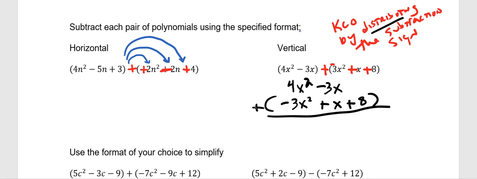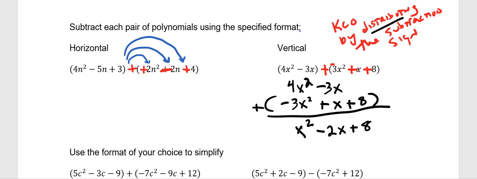So 4x squared minus 3x squared plus negative 3x squared is x squared. Negative 3x minus negative x is now negative 3x plus positive x. That's negative 2x. And then just simply plus 8.